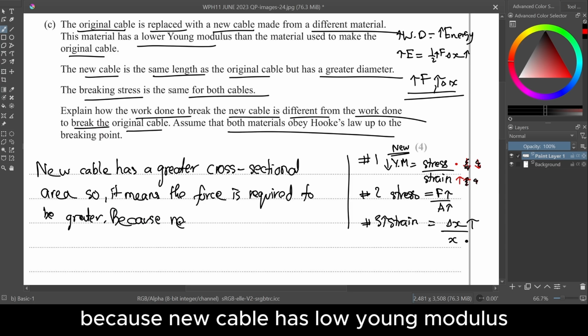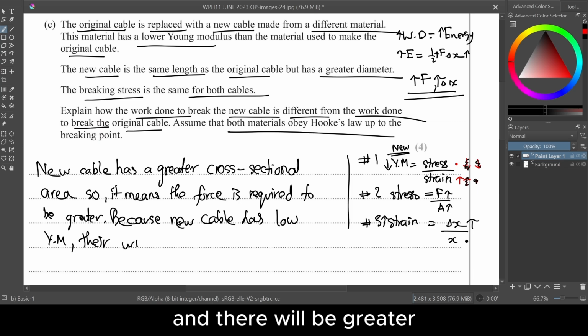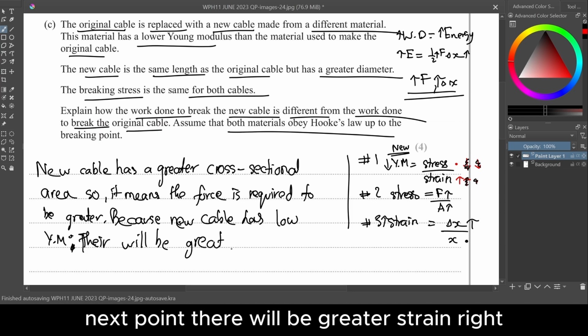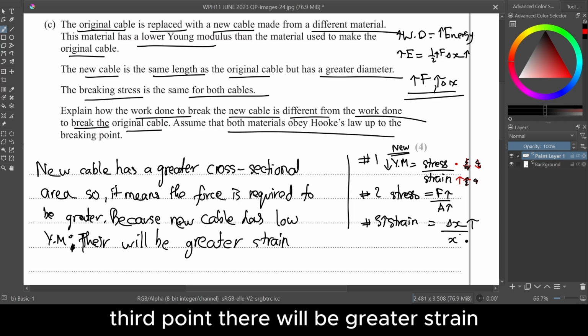Because the new cable has low Young modulus, and there will be greater, oh yeah, sorry, next point, there will be greater strain, right? Why? Because the Young modulus is low, right? So as we have discussed the third point, there will be greater strain.